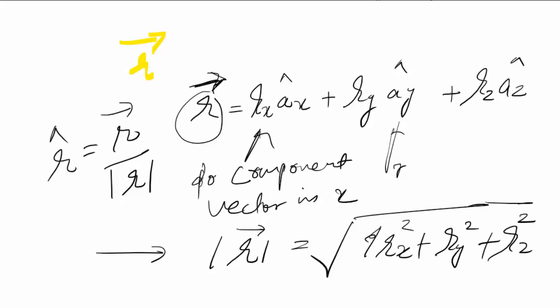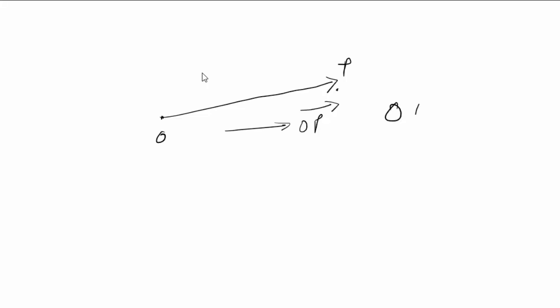So going in more detail, suppose this is the origin and an aeroplane is going towards the point P. So this is my OP vector and this is my OP unit vector.